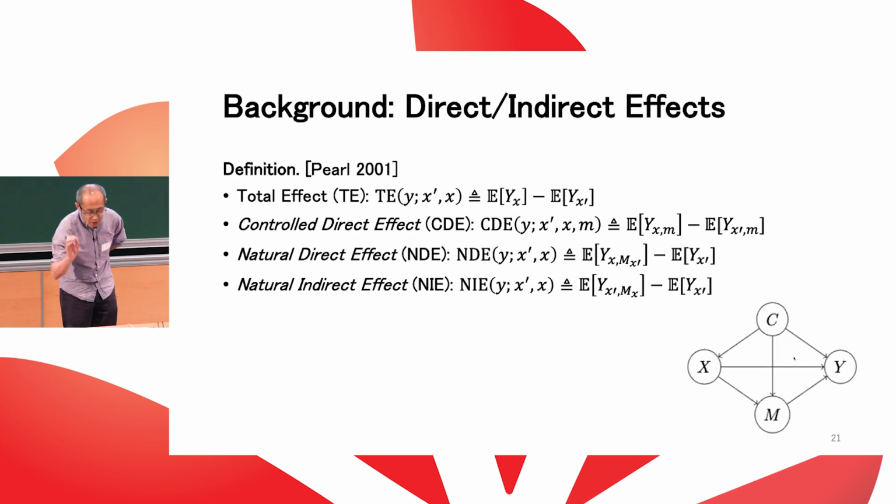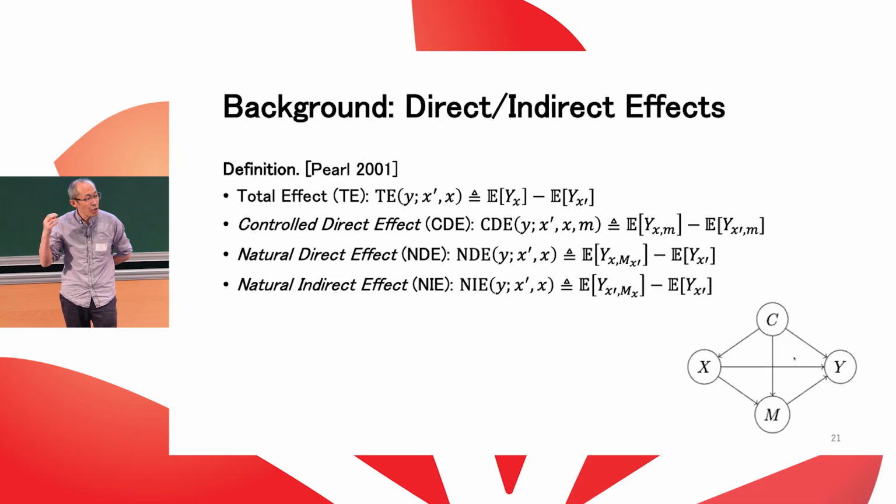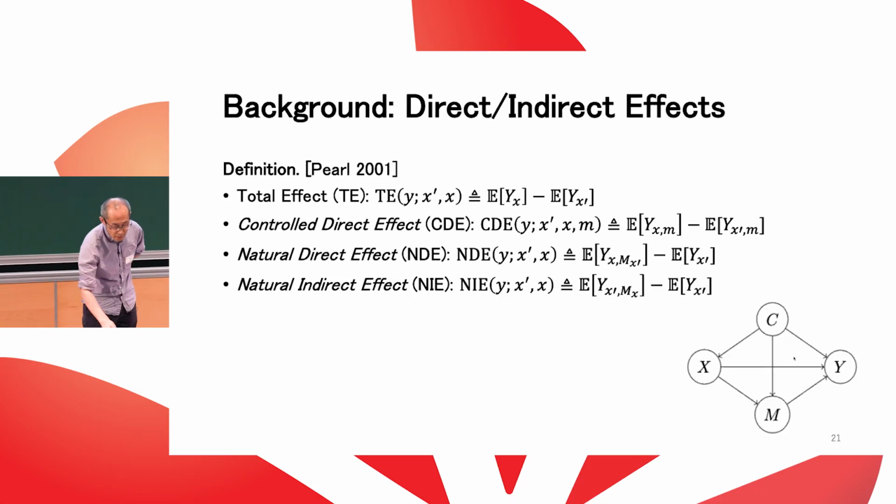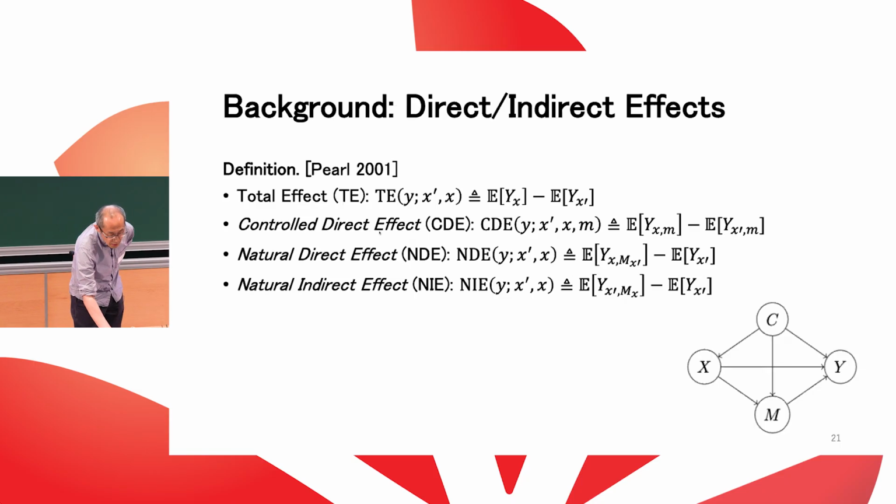Now, in order to capture our intuitive concept about direct effect, the first definition is known as controlled direct effect, in which we fix the mediator M to be a particular value of m, and then compute this effect.